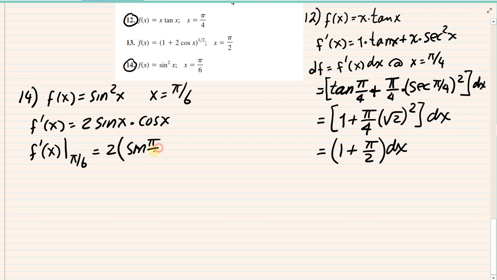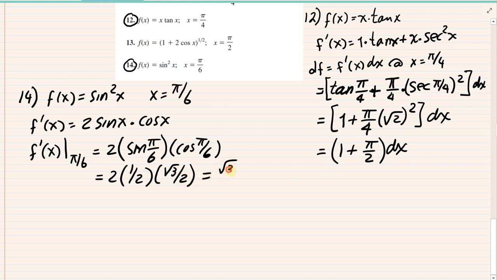Remember, pi over 6 now is 30 degrees. So sine of 30 degrees is 1/2. And this cosine is root 3 over 2. These are special angles, so we're supposed to know those. Okay, and there we have it. That's going to be the answer to exercise number 14.